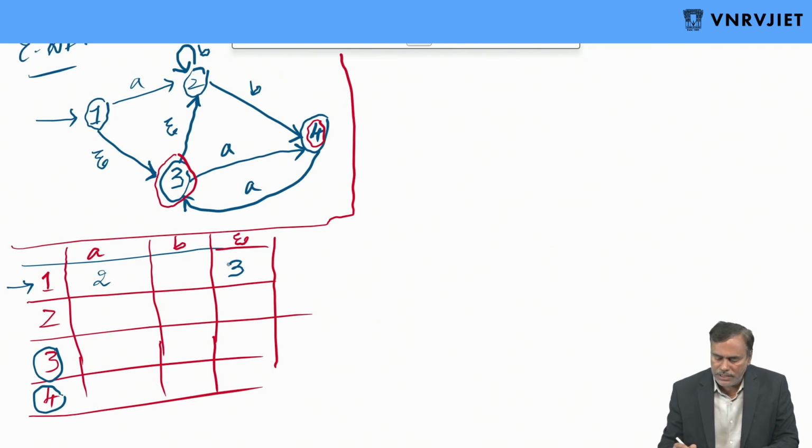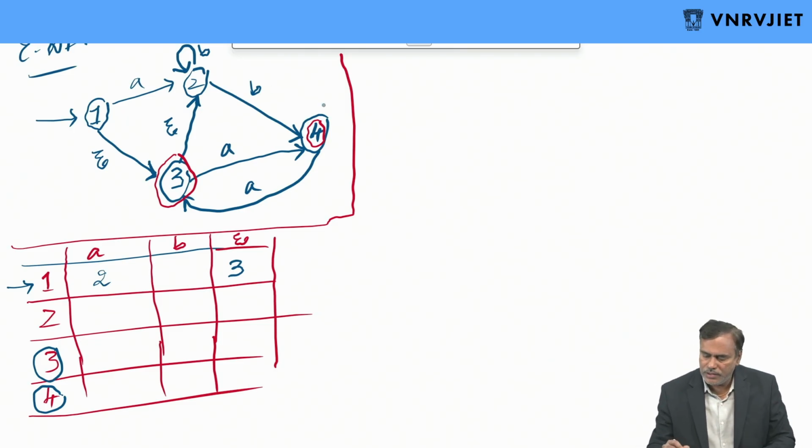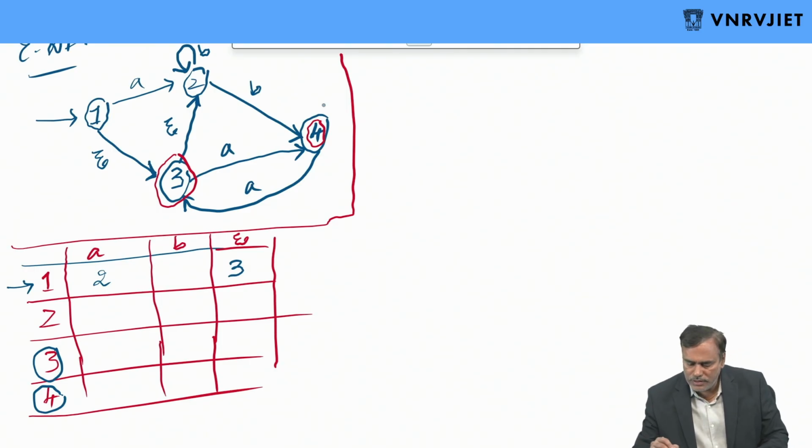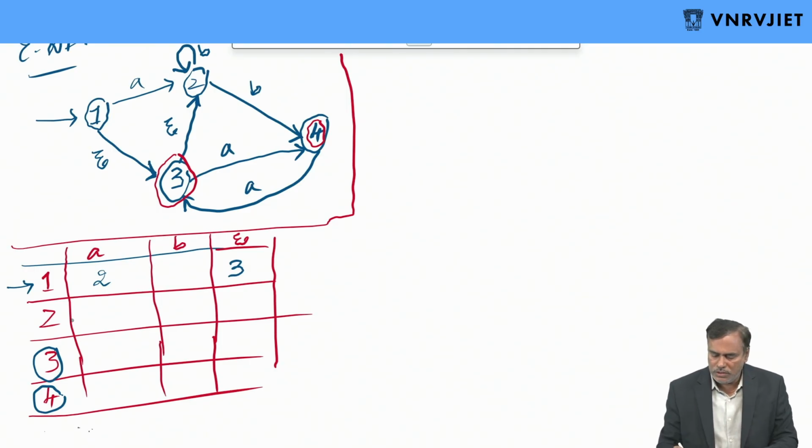From 2 on input B, you can go to state 2 and 4, so here you get the entry 2, 4. Only outgoing transitions you have to take into consideration.